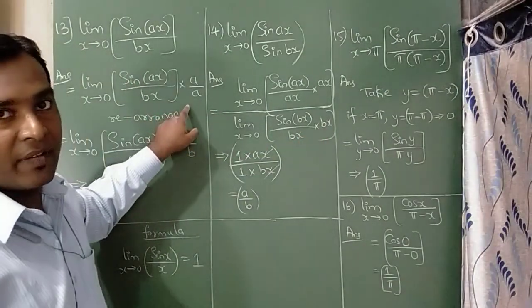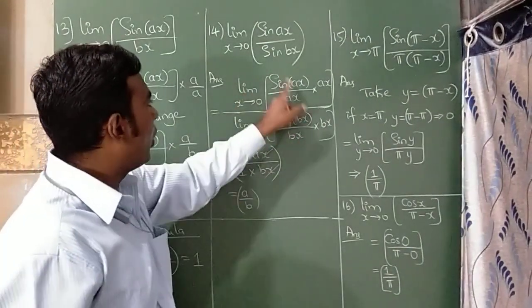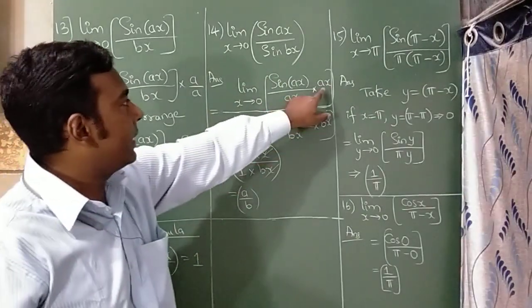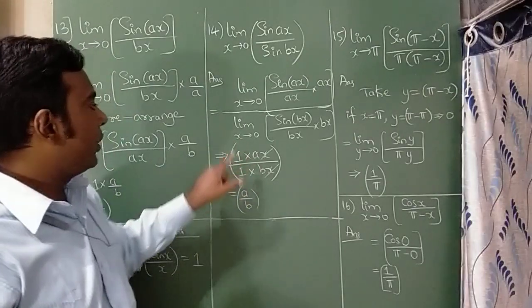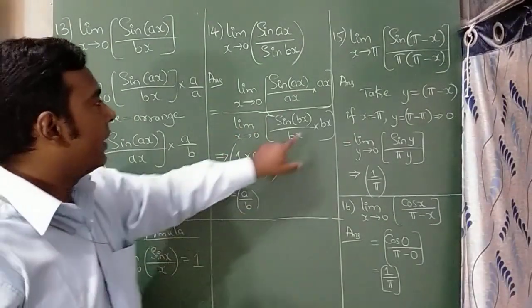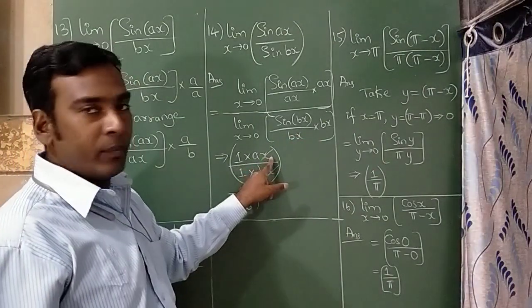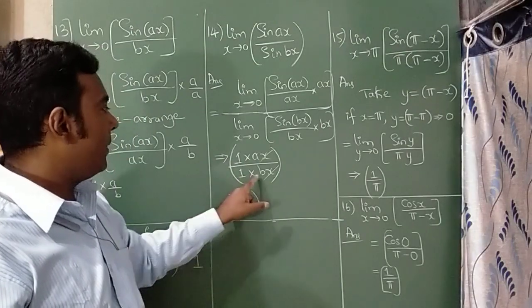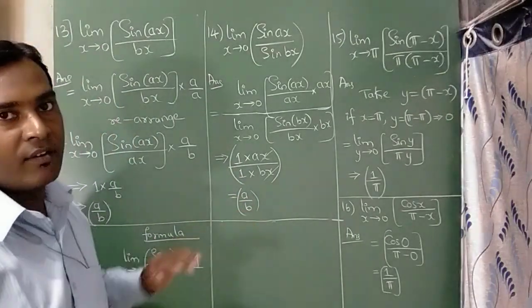Same like in the previous sum. Fine. Now this whole term by this formula I have written 1 here. So what I will get here? ax. In the denominator part, this whole term by this formula I have written 1 into bx. In the numerator x, in the denominator x, both will get cancelled. So 1 into a is a, 1 into b is b. So this is your final answer.